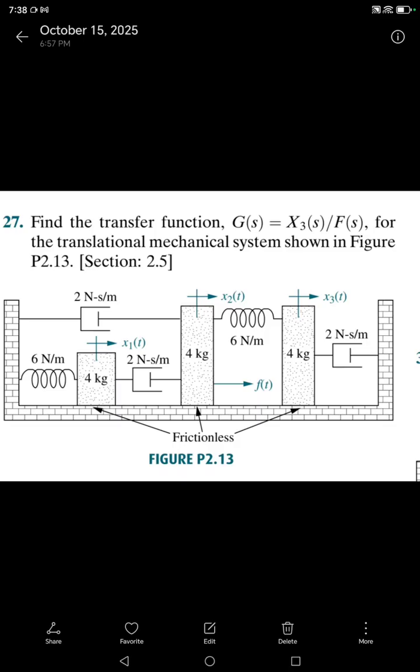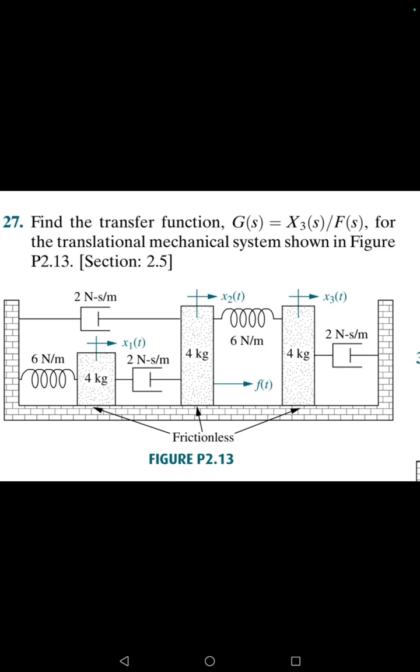So here you can see we are given 3 masses. We're also given 2 stiffnesses. We also have 3 dampers. So what we're going to do here, remember the first thing is to draw a free body diagram. After the free body diagram, we generate the equation of motion.